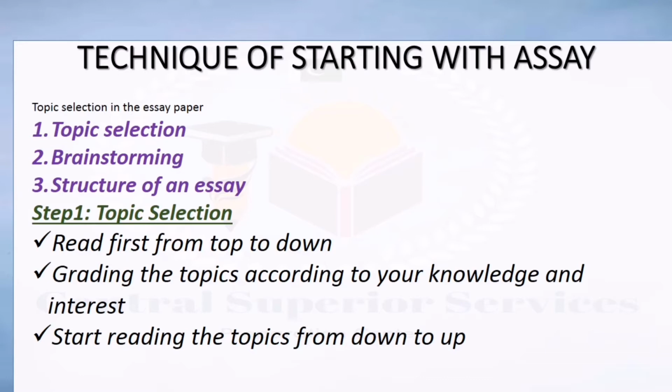The reason behind doing this is you start with the first topic, your concentration level is 100%. As you move along, your concentration level decreases. So not to do injustice to your topic selection, you need to repeat the process from downwards this time. Doing this will help you choose the right topic.